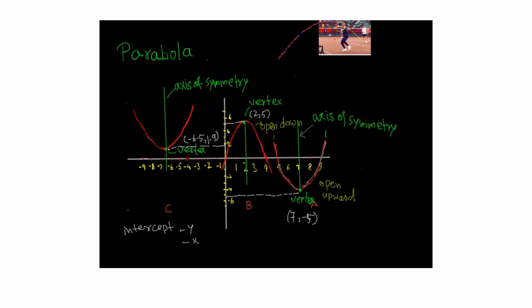Now see here, in case of B parabola, the y-intercept is 0. The parabola is intersecting the y-axis at the point y is equal to 0. So this is the intercept of the parabola.